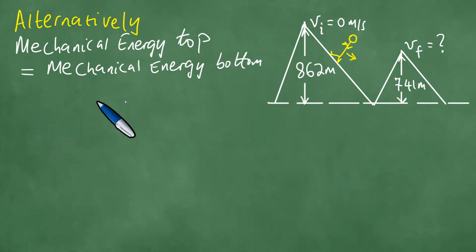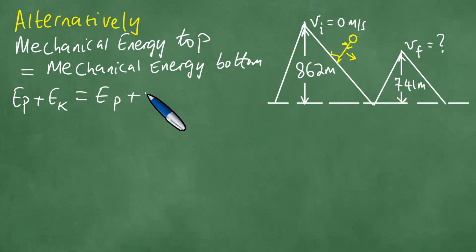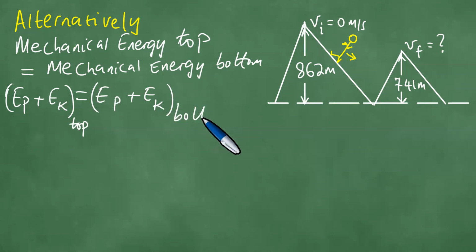Right, with that said, it means now at the top, when this guy is beginning, there are two forms of energy. We have the potential energy, plus also there is kinetic energy, although zero. By the time it reaches the other top, there is a potential energy and also there is kinetic energy there at the top. So in other words, these are the energies at the top, and these are energies, if you like, at the bottom.